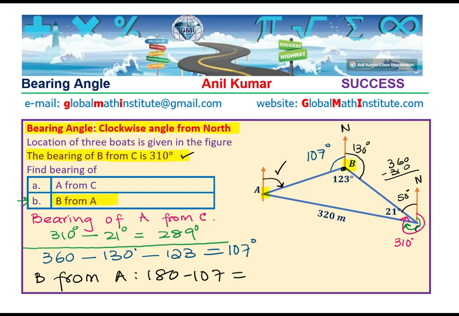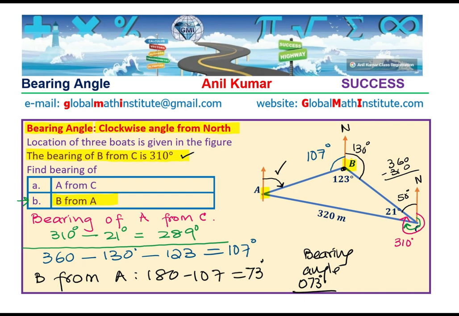How will you write this answer? That is also a very important aspect. Well, this is 73. But whenever you want to write a bearing angle, you need to put three digits. So the bearing angle will be 073 degrees. You understand? 073 degrees. That is a must.